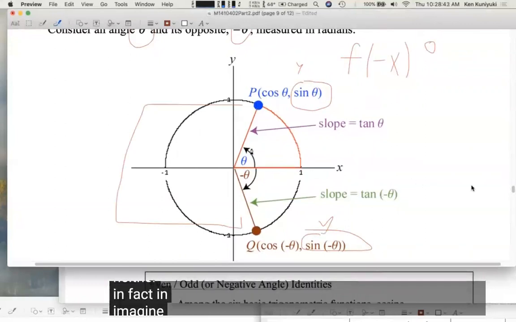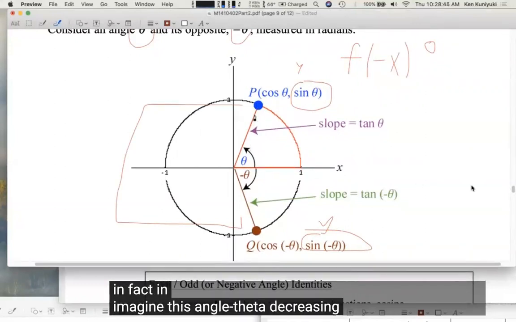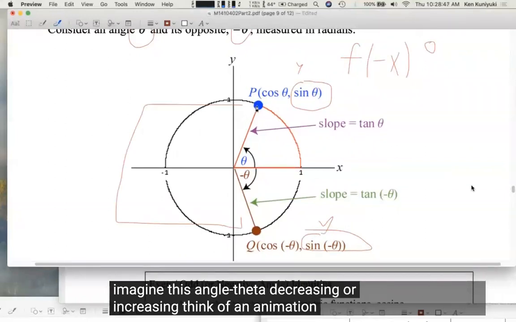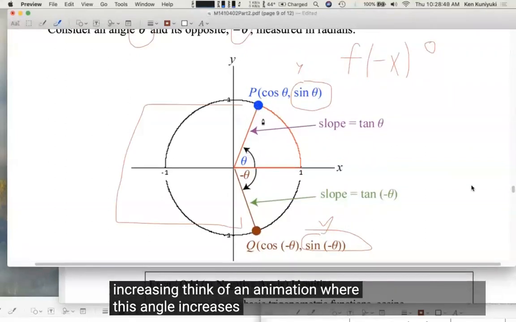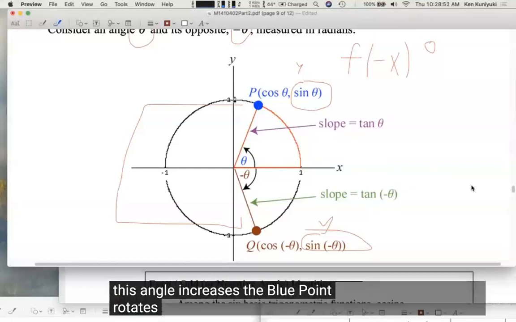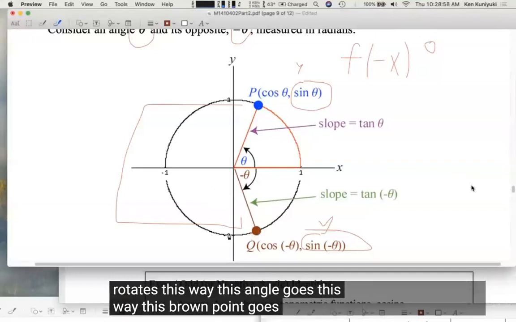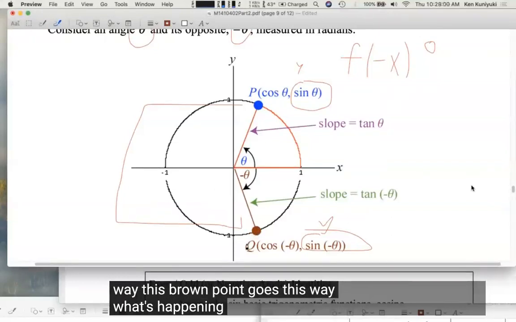In fact, imagine this angle theta decreasing or increasing. Think of an animation where this angle increases, the blue point rotates this way, this angle goes this way, this brown point goes this way. What's happening with the relationship between the y-coordinates?